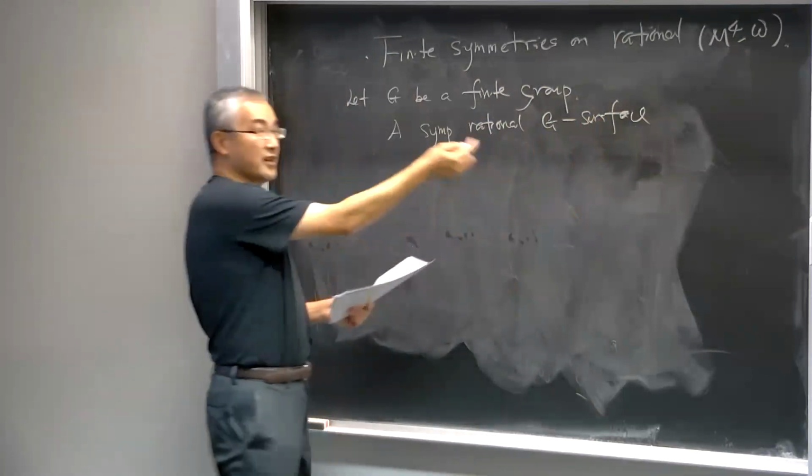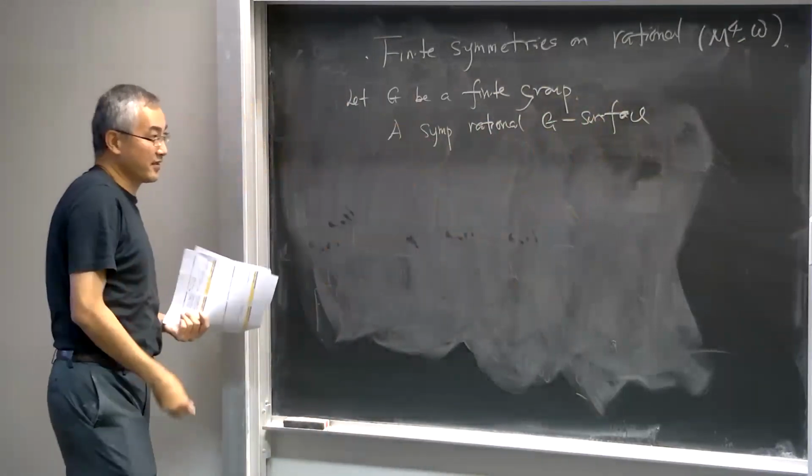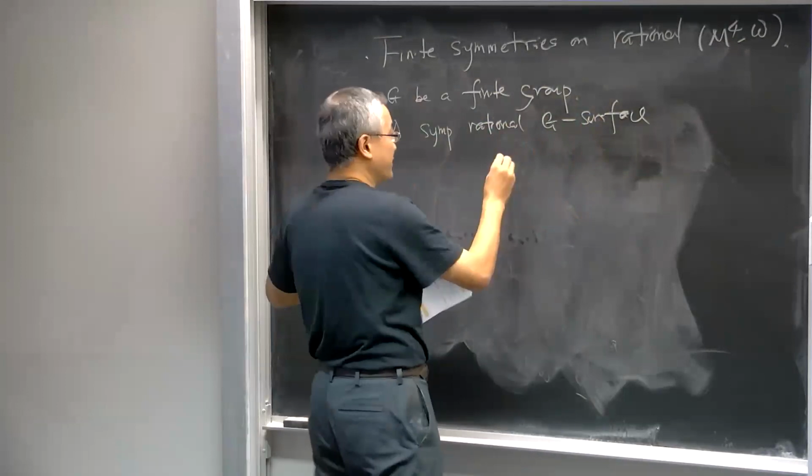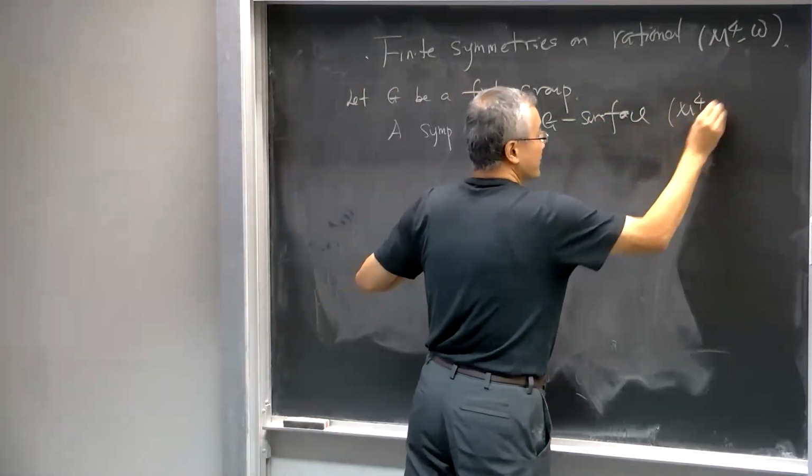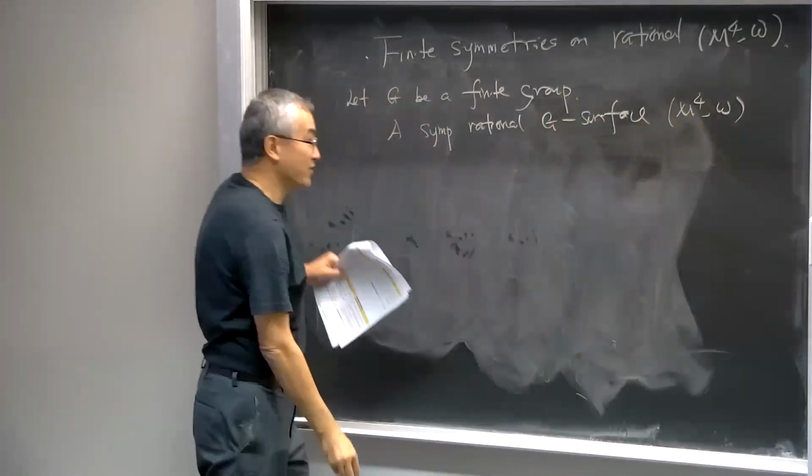I use the terminology surface from algebraic geometry, but it really means rational symplectic four-manifold.